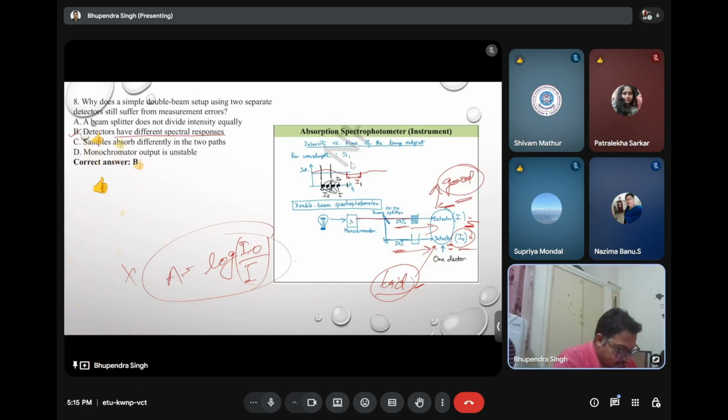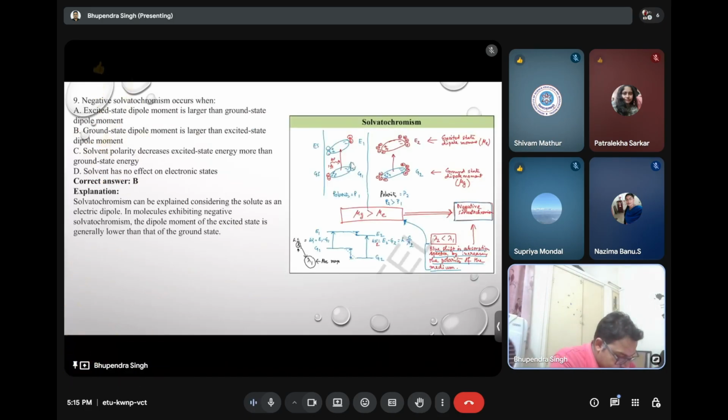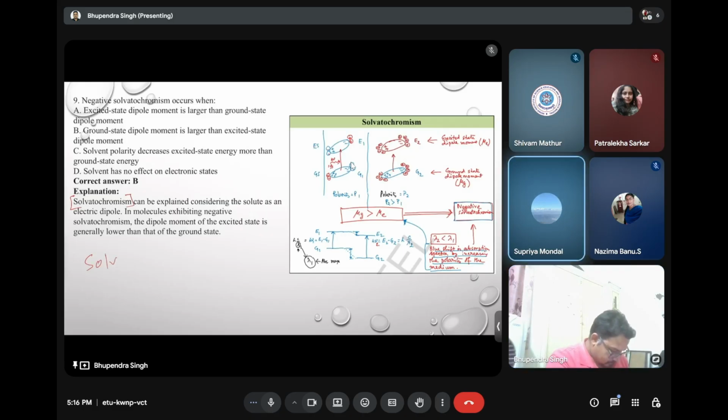Okay. Negative solvatochromism occurs when... Okay, what do you mean by solvatochromism? Just this word. Polarity, yes.